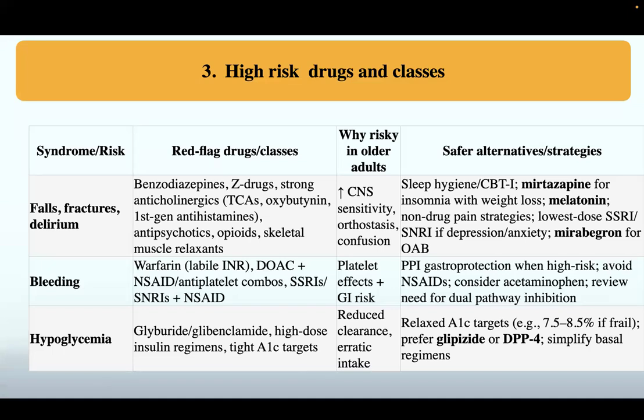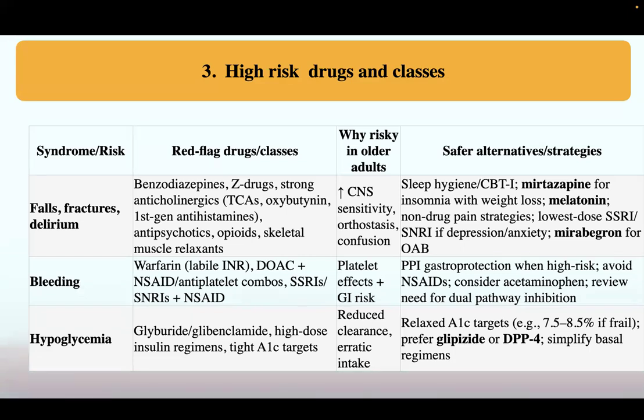What are the safe alternatives? You either go for CBT, cognitive behavior therapy, or some mirtazapine for insomnia management, melatonin, non-drug pain strategies, the lowest dose of SSRIs or SNRIs you can proceed with, okay.